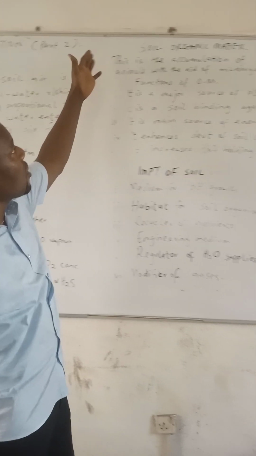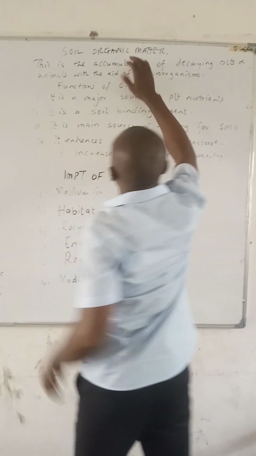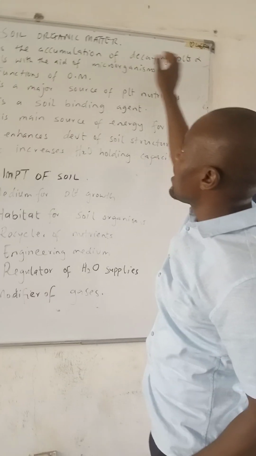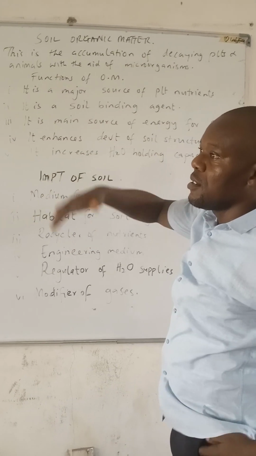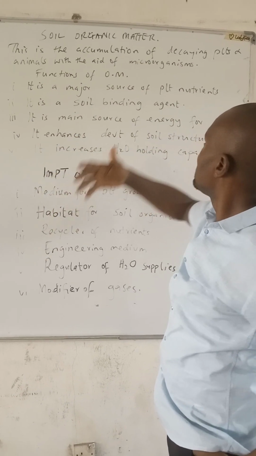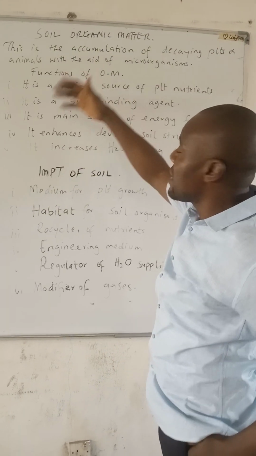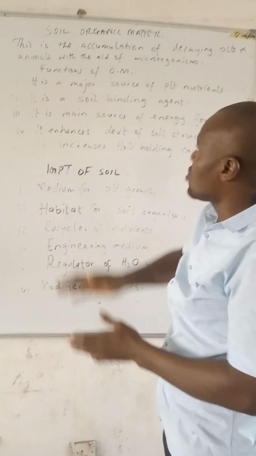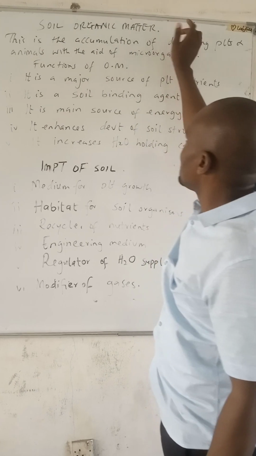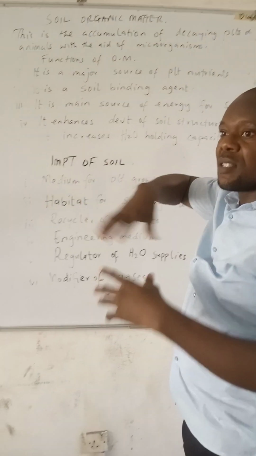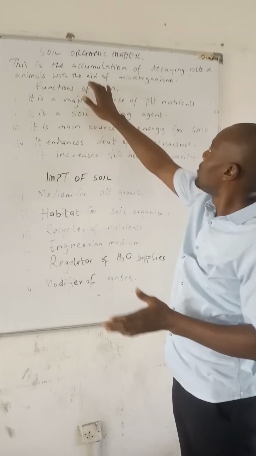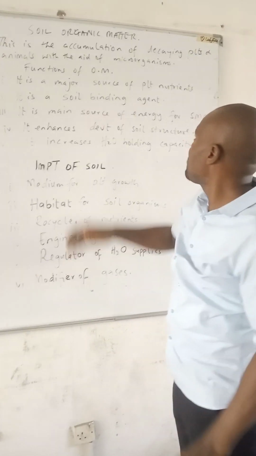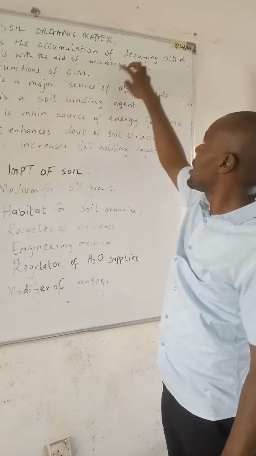Now, soil organic matter. This is the accumulation of decaying plants and animals with the aid of microorganisms. When dead plants and animals decay and accumulate to form soil organic matter, it is facilitated by microorganisms.